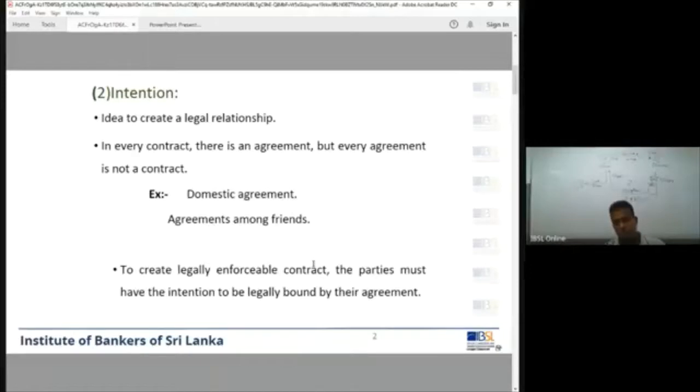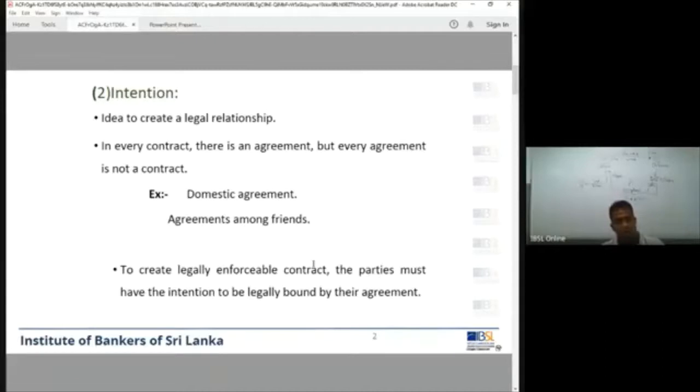When we live with our parents, our siblings, our cousins, we make promises. When we make promises, others accept. So the offer and acceptance is there. But the offer and acceptance creates an agreement, but the agreement is not a contract. It is not converted into a contract.